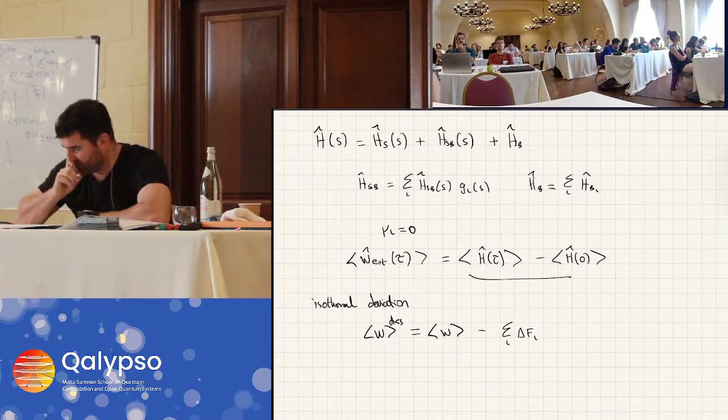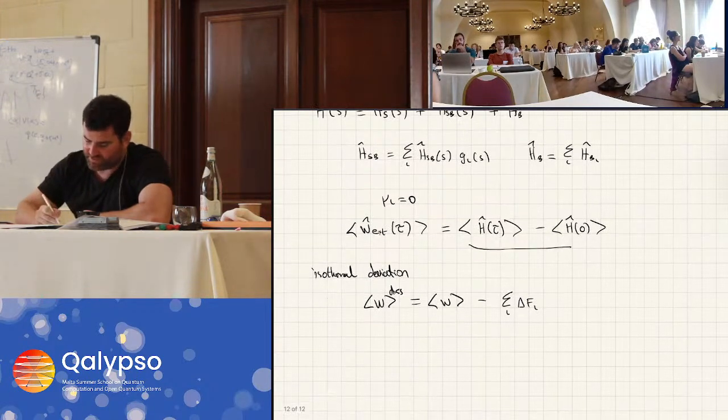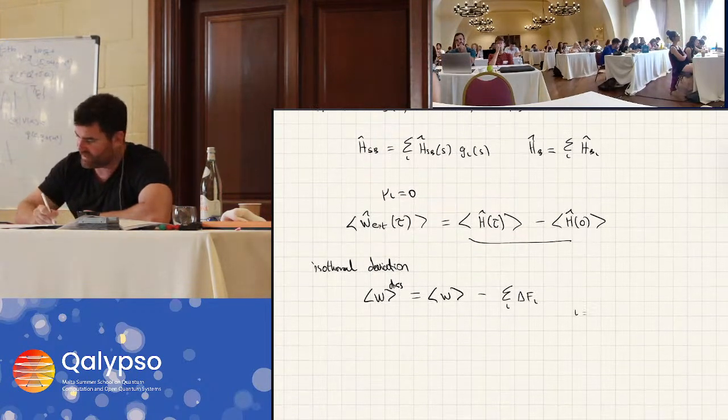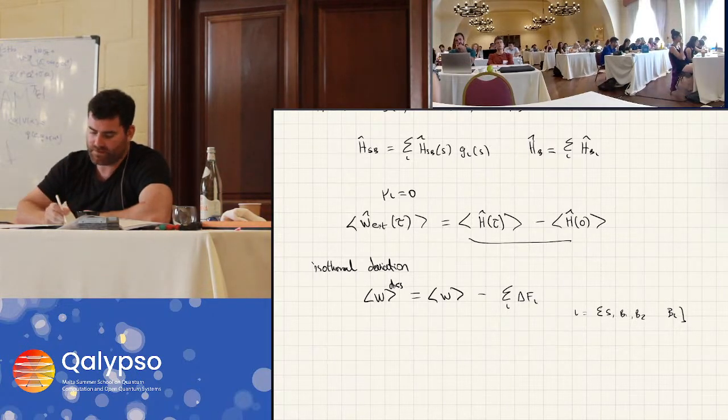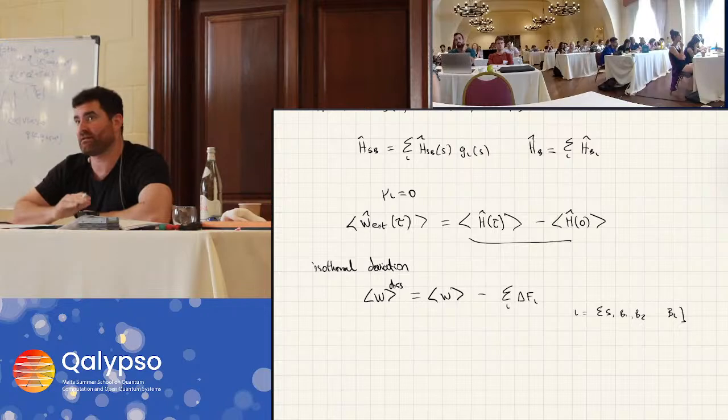Now, let me abuse the notation a little bit and say that L in this particular case is going to represent system, bath 1, bath 2, up to bath L. Just in this particular case. So, delta F_L, think about it. The bath Hamiltonian is time independent, so delta F for all the baths is 0.